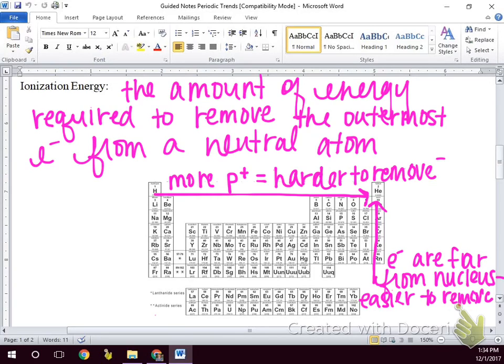So what do you think the lowest ionization energy would be? The easiest element to remove an electron from, what do you think? Okay, that would mean the lowest ionization energy. Which one? Francium, that's right.